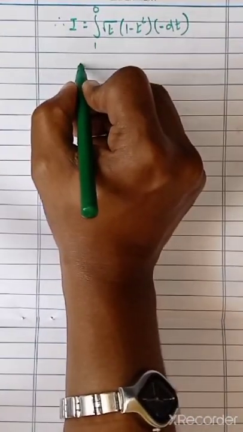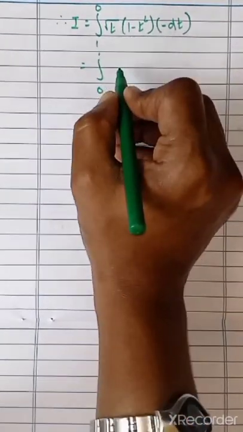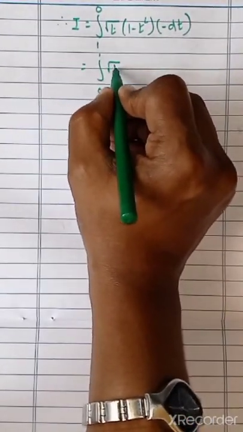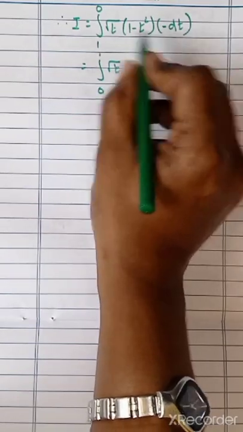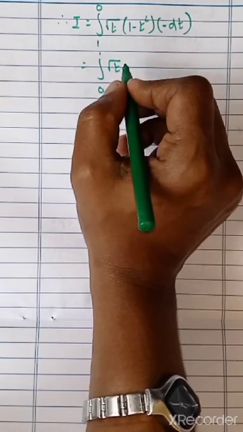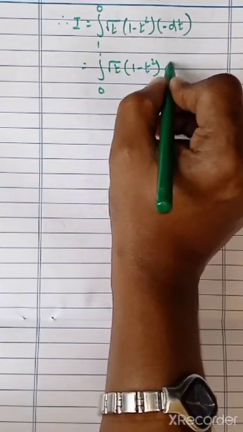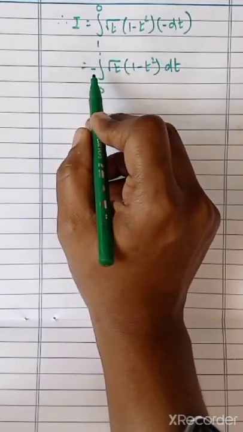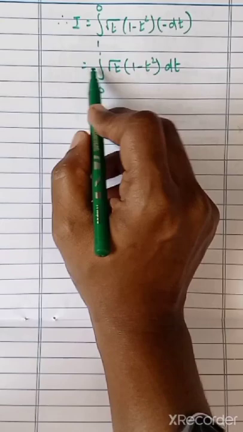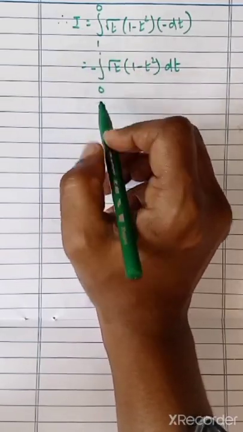How can you write this one? Integral 0 to 1 square root of t. This minus we can take outside, okay? So square root of t 1 minus t square into dt. Okay, I have taken this minus outside. Now, to remove the minus, I can change the limit. We saw the property, no?